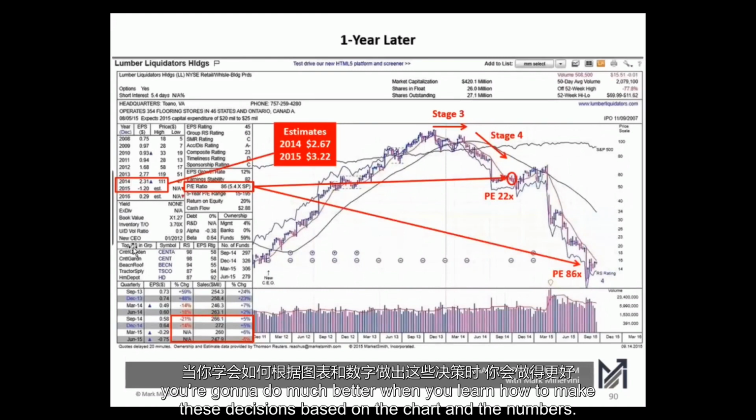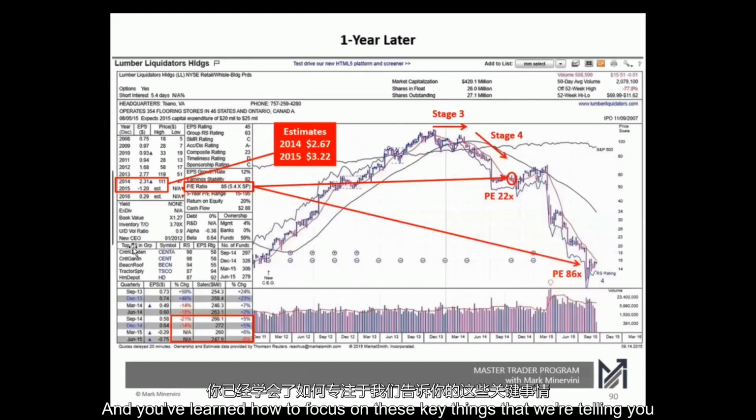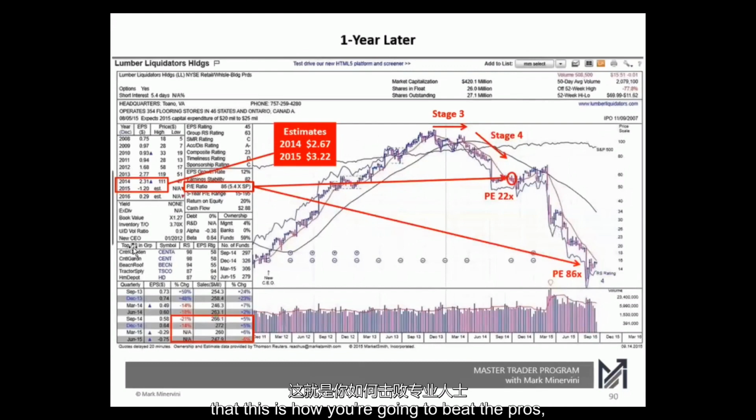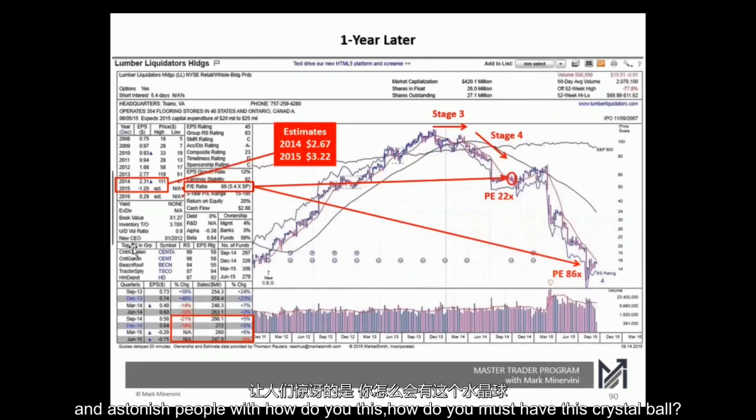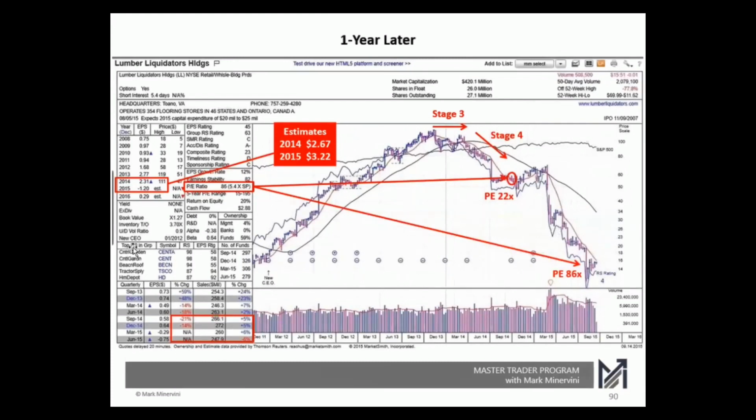Believe me, you're going to do much better when you learn how to make these decisions based on the chart and the numbers, and you learn how to focus on these key things that we're telling you. This is how you're going to beat the pros, get the big returns, manage your risk, and astonish people who ask, how do you do this? You must have a crystal ball. No, you know what to look for.